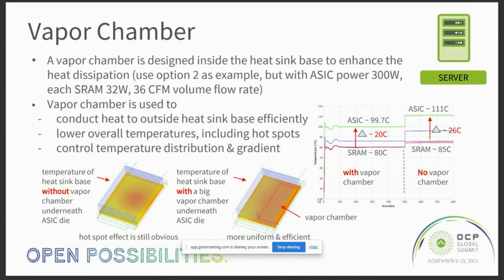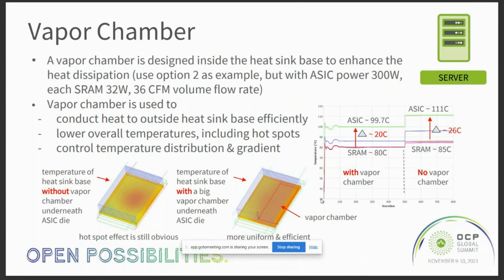Pardon my ignorance, but what is a vapor chamber? Are you familiar with the heat pipe? Yes. Okay, basically inside is an easily vaporized liquid. When it's heated, the liquid will be vaporized, so it will help dissipate the heat quickly. You can imagine that inside the vapor chamber, the thermal conductivity will be very, very high.